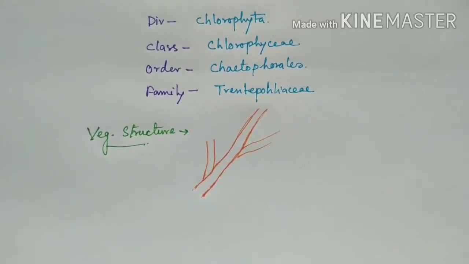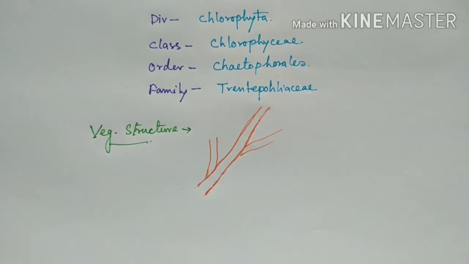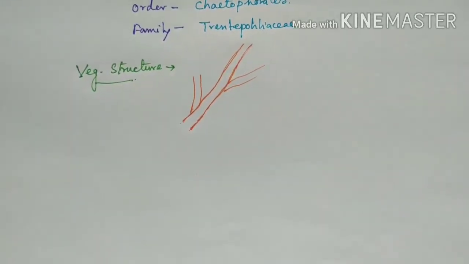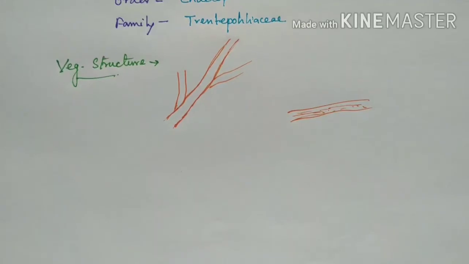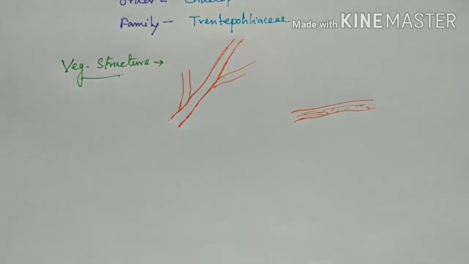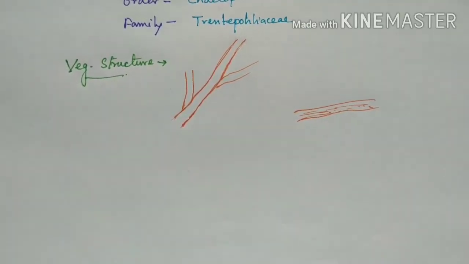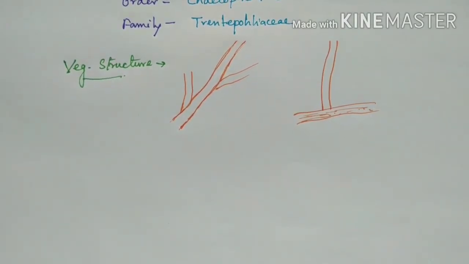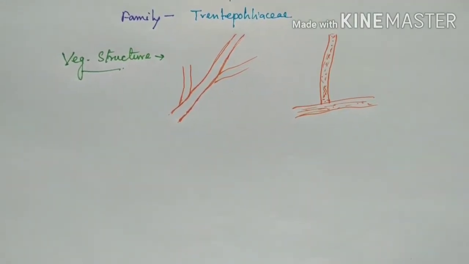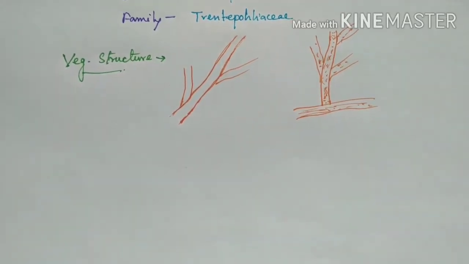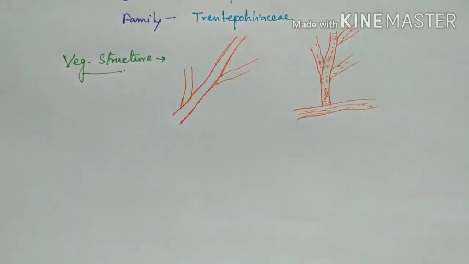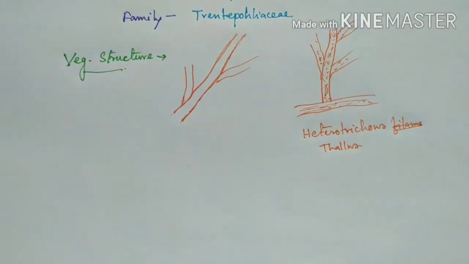Heterotrichous thallus means the body is differentiated with a prostrate filament, and another is the erect filament, and this erect filament contains many branches. This type of vegetative structure is called a heterotrichous thallus.